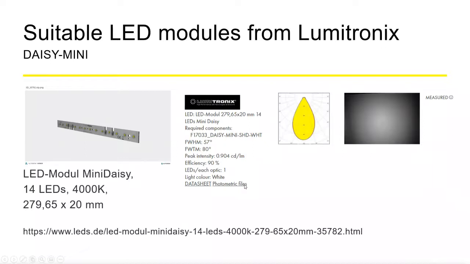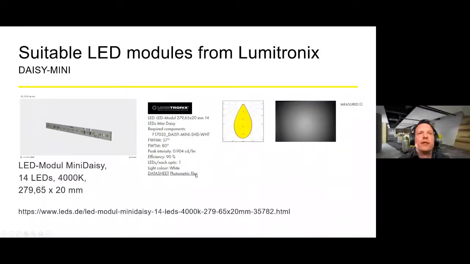What you need is a combination with the optic. It could look like this: this is a big Daisy, this is Daisy Mini. As a pendant light, you can also use some uplight up front, also to reduce the glare and to control the glare in a better way. Very common right now in the market.